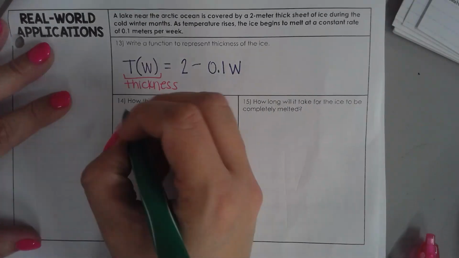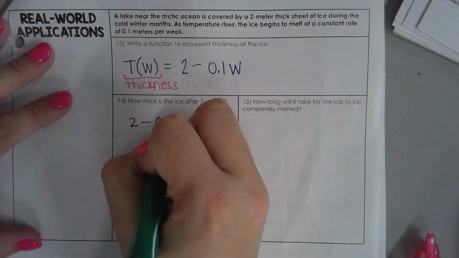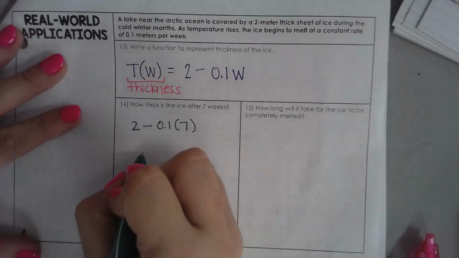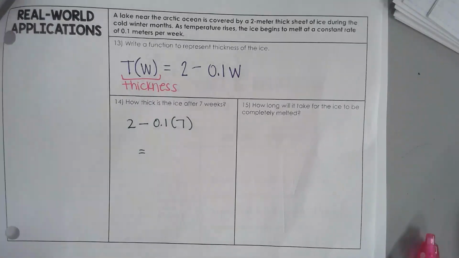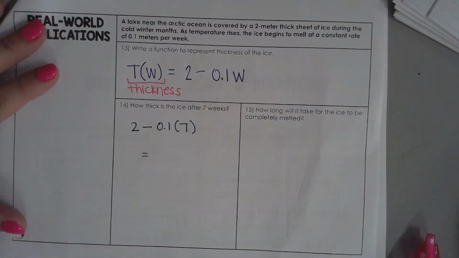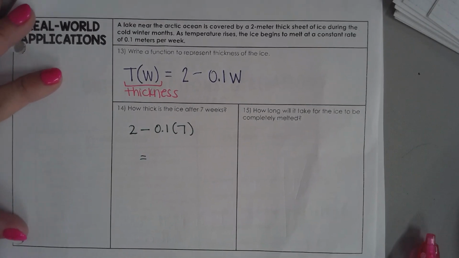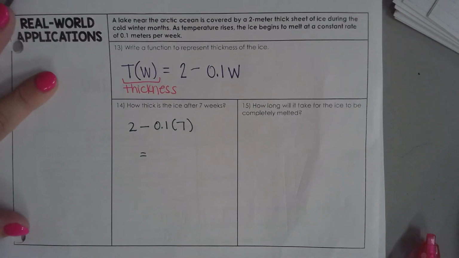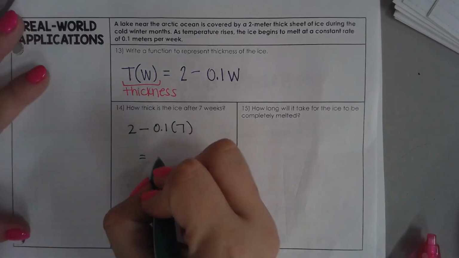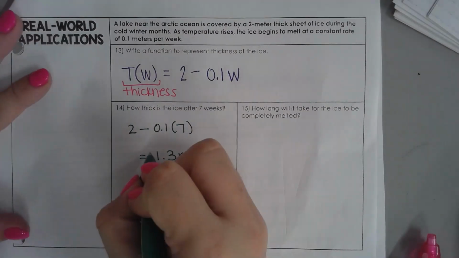So we have 2 minus 0.1 times 7. That would be if you plussed. Right. Victoria, do you have it? Yep, 1.3 meters.